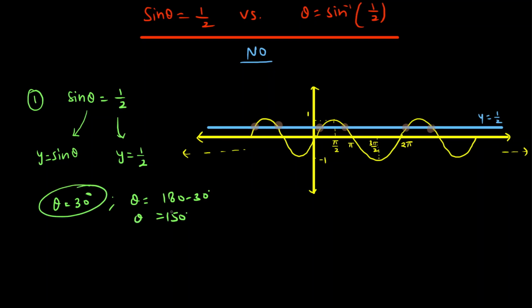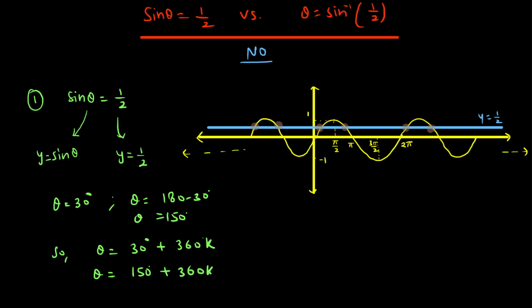Right, and this is where I use the concept of the time period, because these are specific solutions only in the first period, but the general solution is going to look like 30 degrees plus 360k and 150 degrees plus 360k, where k is an element of integers.